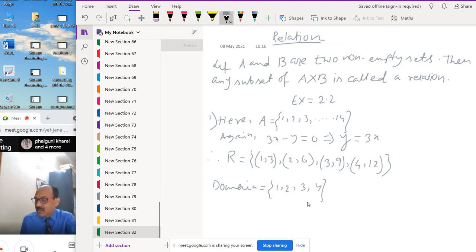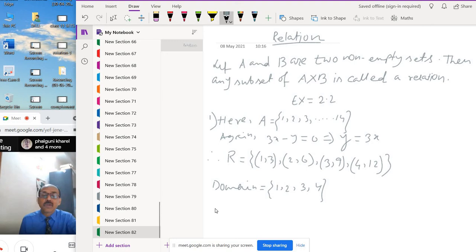And next is range. So range means all the second elements, that is 3, 6, 9, 12. That means the image set. The first set, we know, is the pre-image, that is all x, and the second set is y, that is the range. So range equals 3, 6, 9, 12.